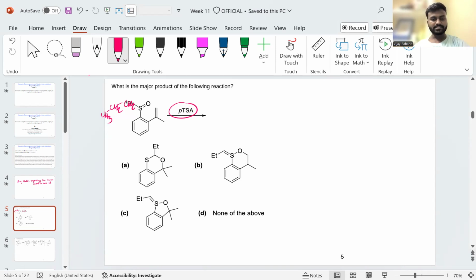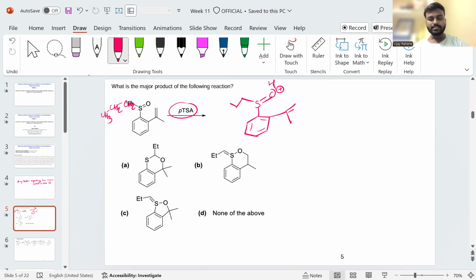So what happened in this reaction? If you look at the reaction mechanism, this S double bond O gets protonated in the presence of the PTSA. This is the alkyl chain, and the remaining part of this benzene ring will be like this.